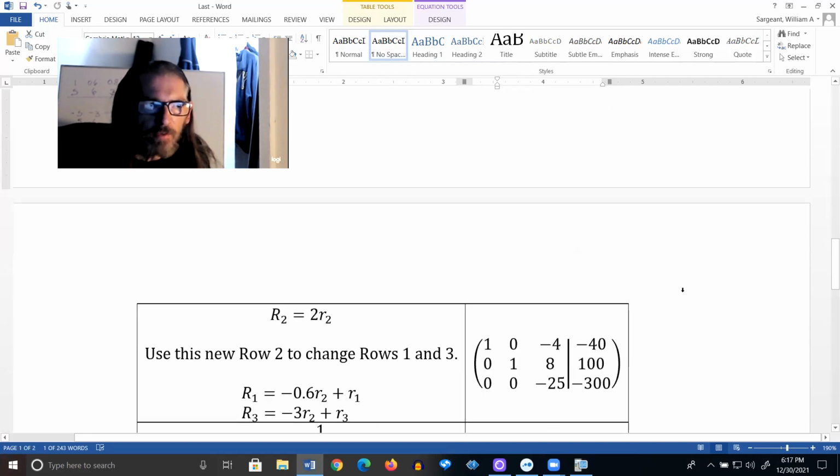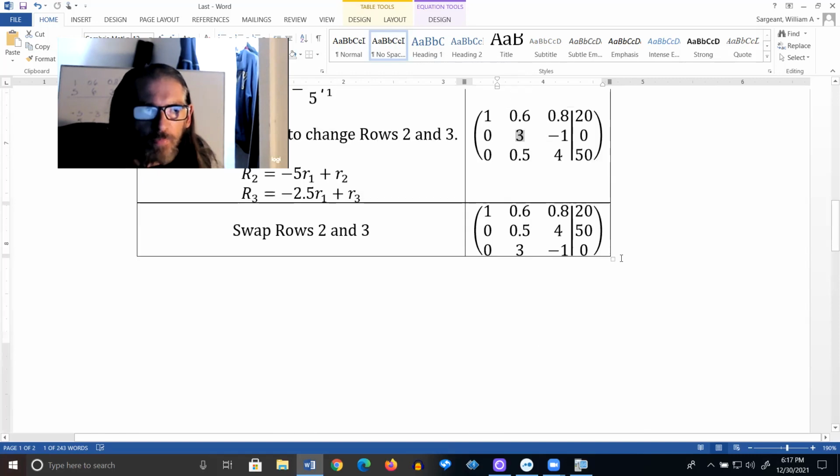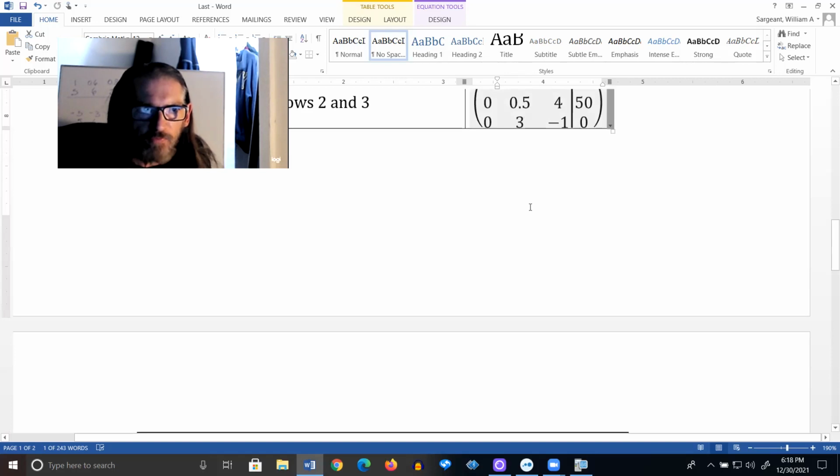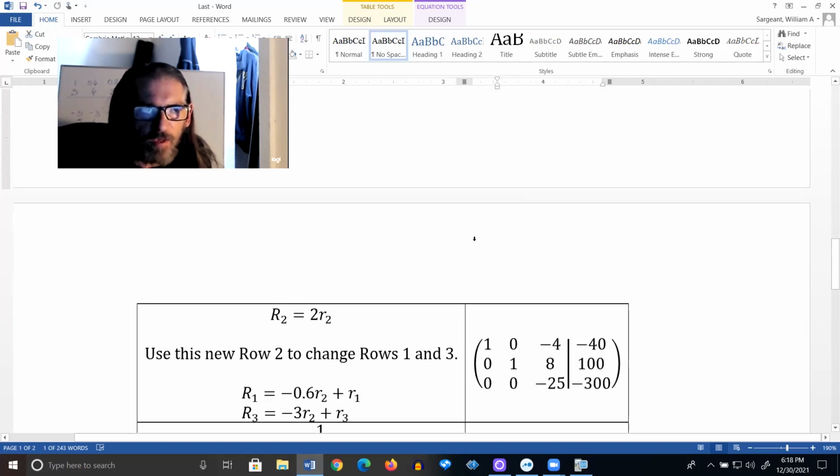And I don't want to mess up what I've got in column 1. So I had a positive 0.6 in column 2, row 1, and a positive 3 in row 3, column 2.